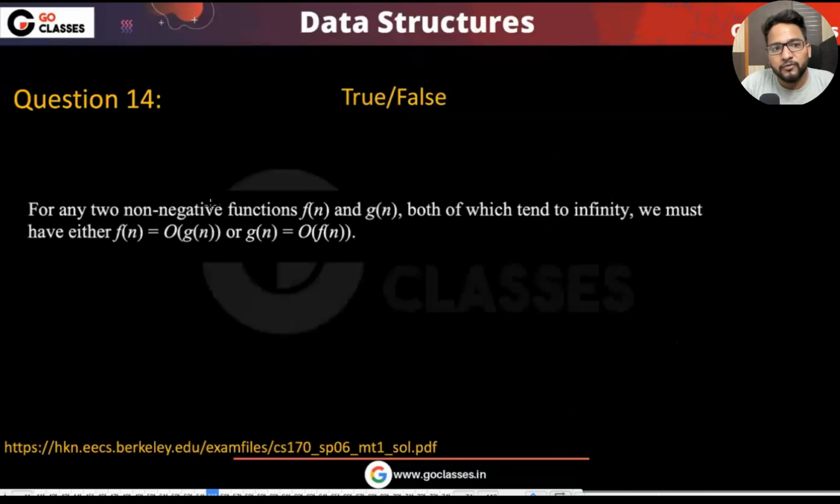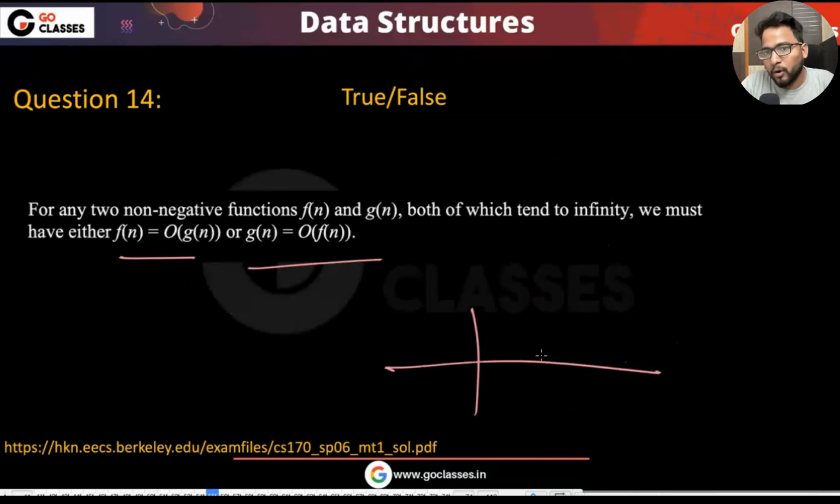Now let's do this. For any two non-negative functions, fn and gn, both of which tend to infinity, we must have either this or this. I think we have seen this, right? So n power sin n, these kinds of functions. Two functions may be incomparable. They are saying either fn is lesser or gn is lesser, but it need not be true.